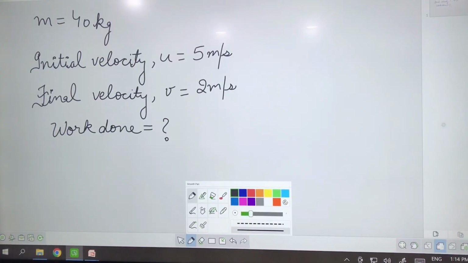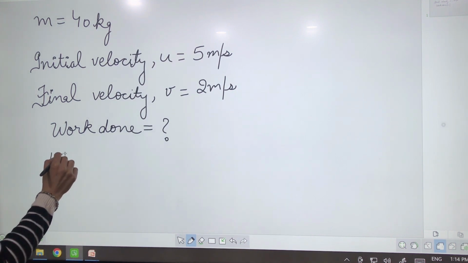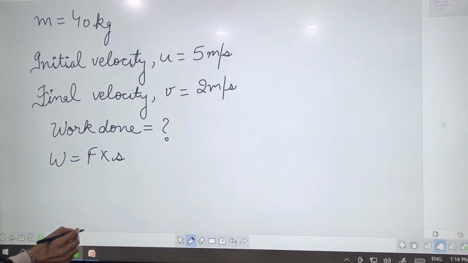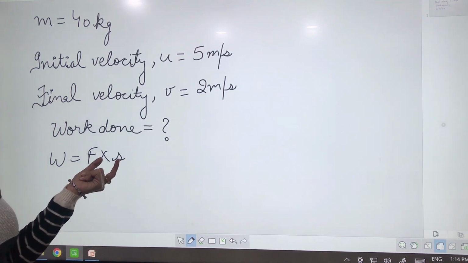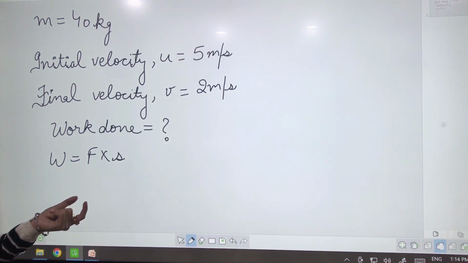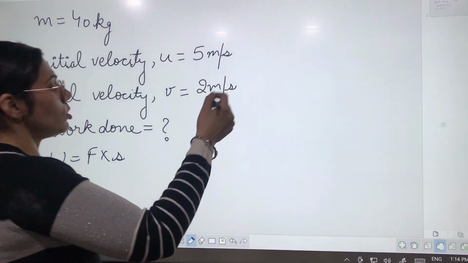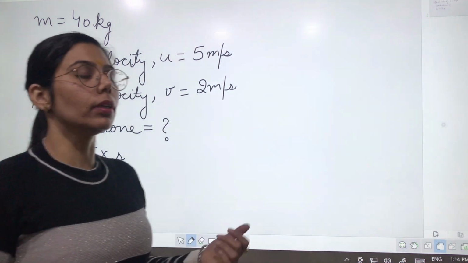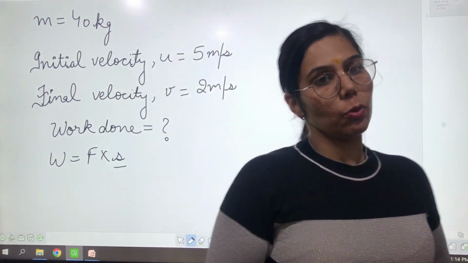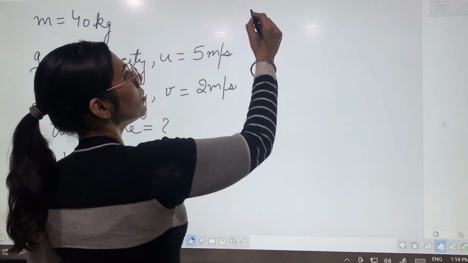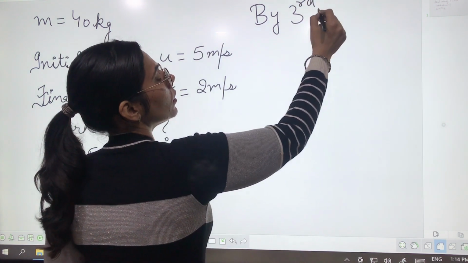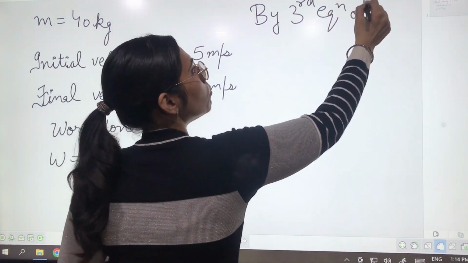So what is work done? Work is equal to force into displacement, and we need to calculate the displacement and the force required. First of all, to calculate the value of displacement, we will take the help of Newton's third equation of motion.